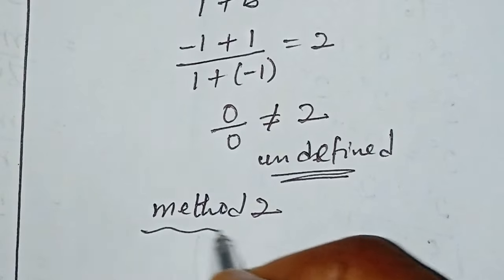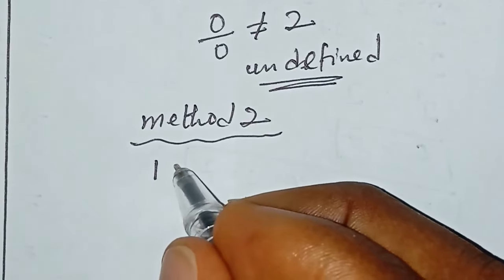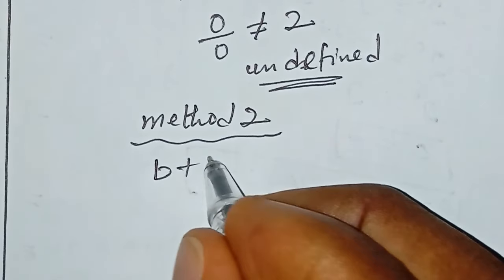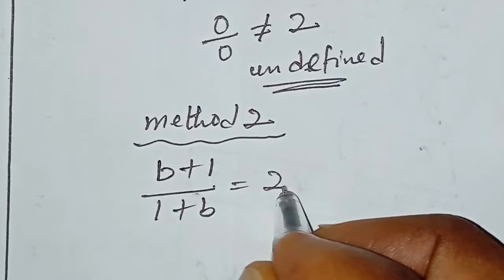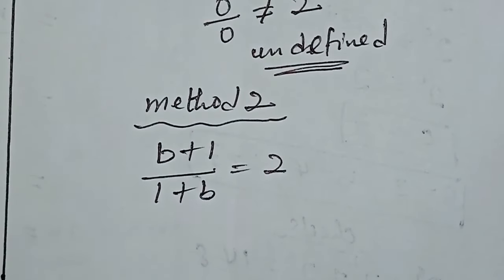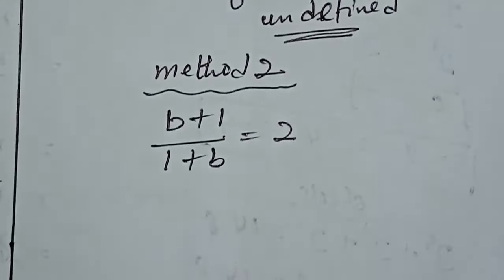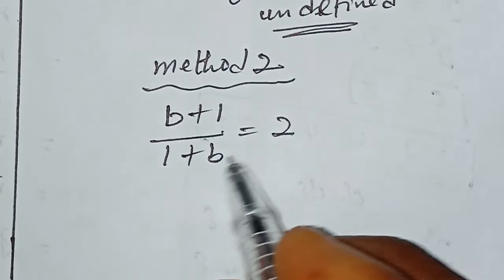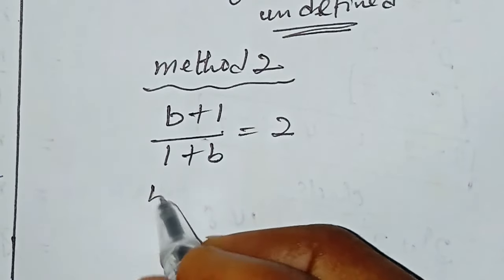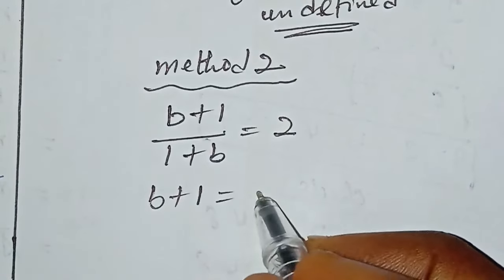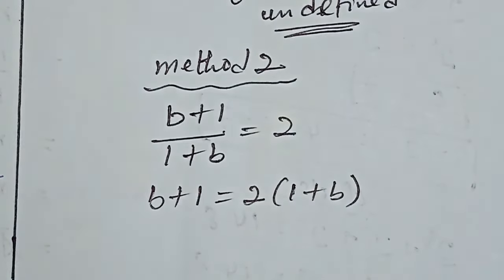So from our second method, method 2, we have the square root of (1 + b) plus 1 over... equal to 2. Now from here, what we need to do is to multiply the denominator with the right hand side. So we have b + 1 equal to 2 into bracket (1 + b).